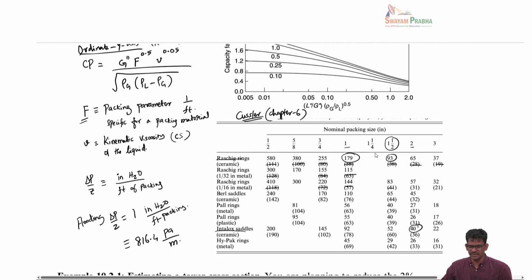So, if you look at this table, you see that I have struck down some of the details. Those are the interfacial areas. So, use the same table to find out the F factor, and at the same time the packing interfacial area. All the things that you see in the bracket here are the interfacial area. They are given in the units of meter square per meter cube of the packing.